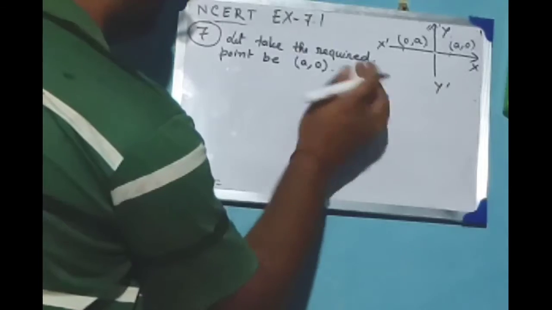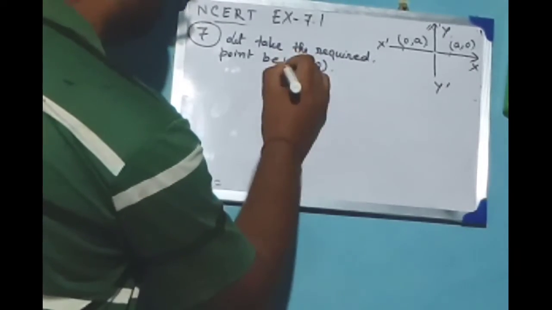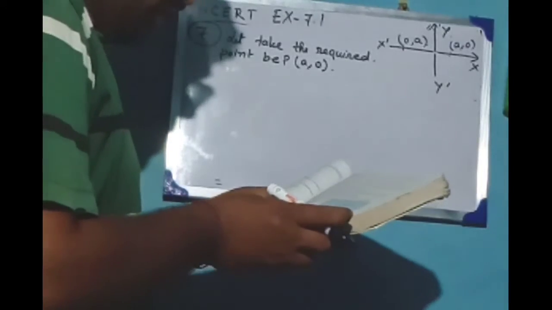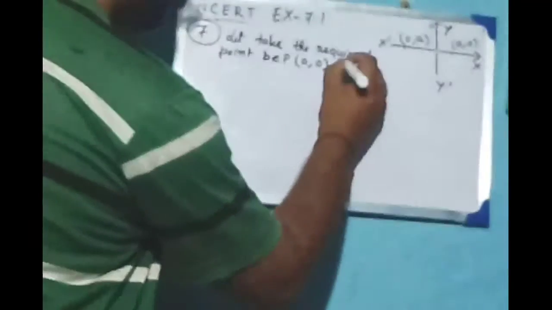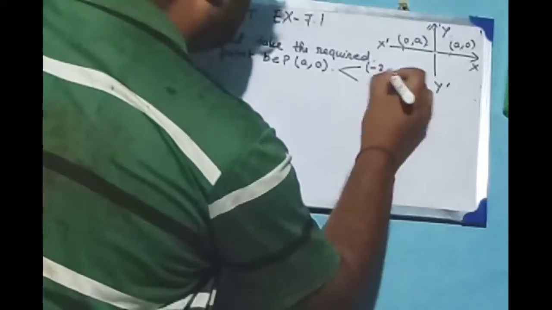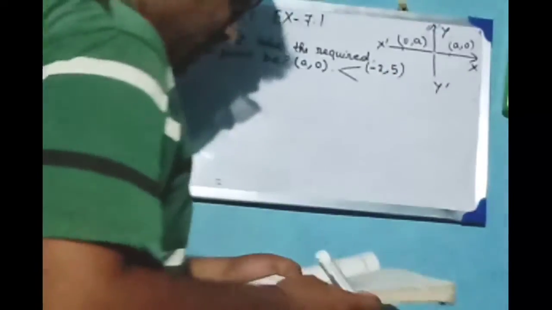Its distance from (2, -5) and (-2, 9) will be the same.